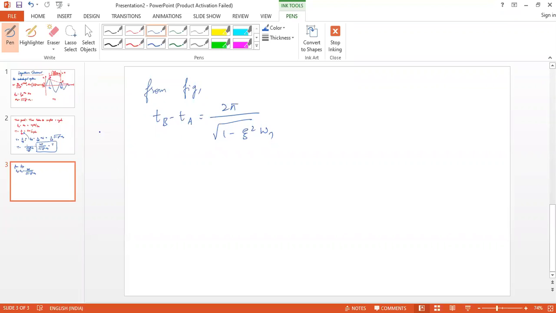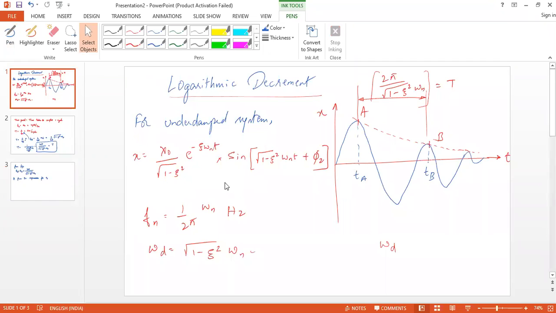Okay. And from the expression for x, this is the expression. From this expression, this is the amplitude, and this is the direction.